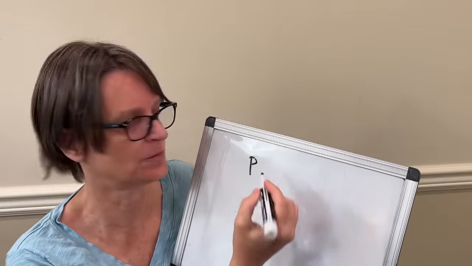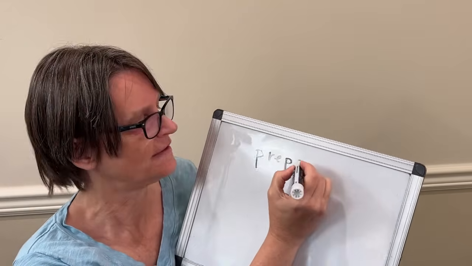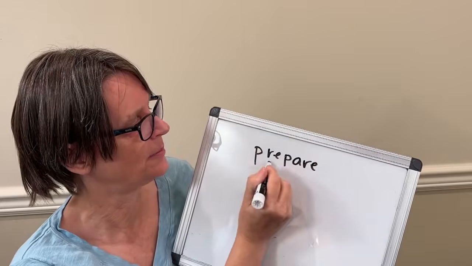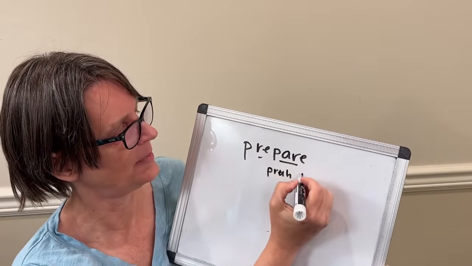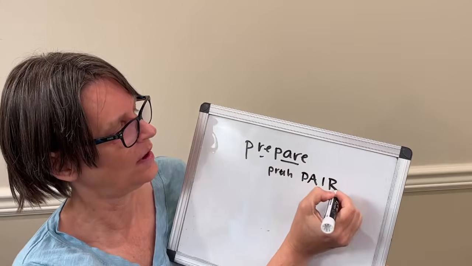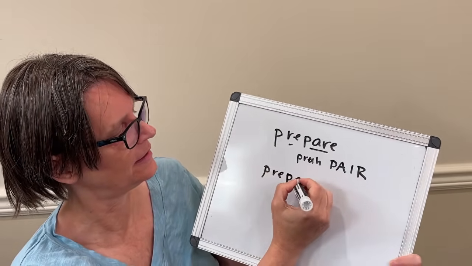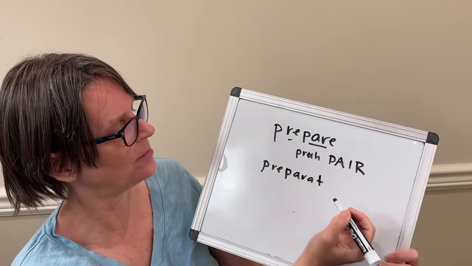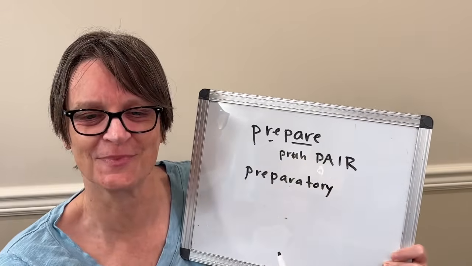So first let's look at preparatory. Even though we say prepare with the air sound, when we change to preparatory, we don't say preparatory. I've got to check my spelling.